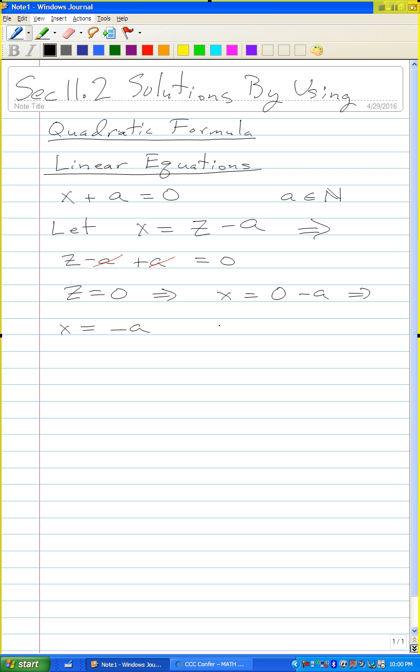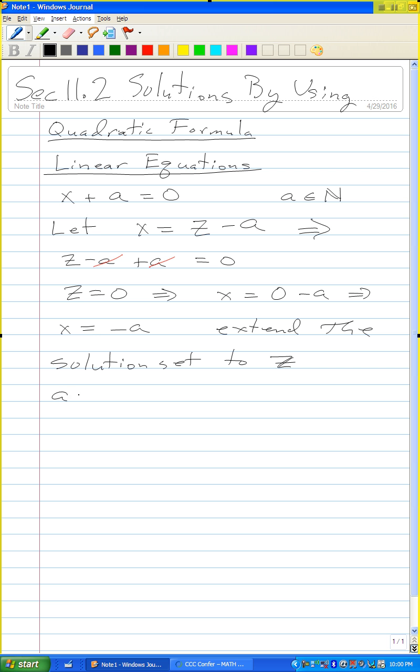And so I'd have to extend the solution set to the set of all integers. And so we have to actually expand the set of all possible solutions to include those that involve integers.